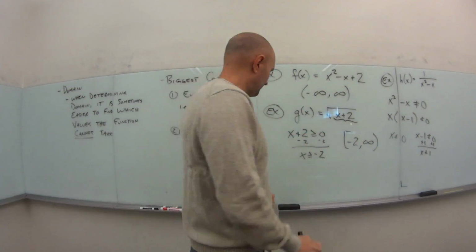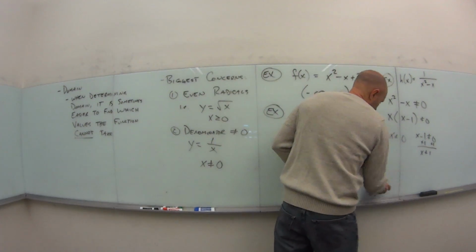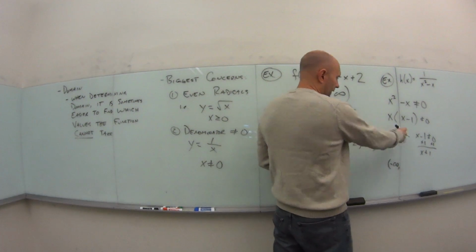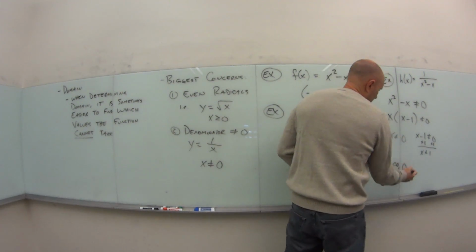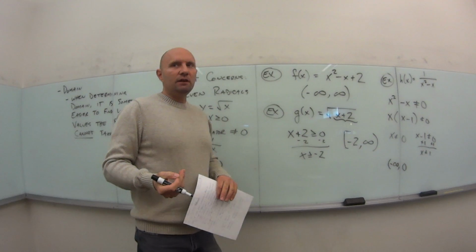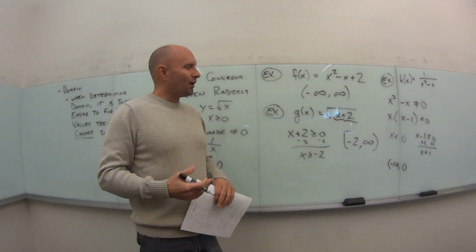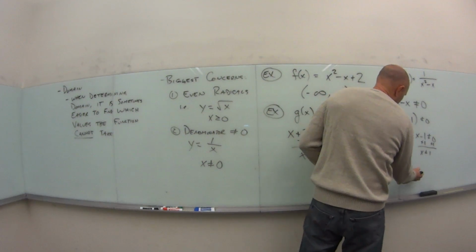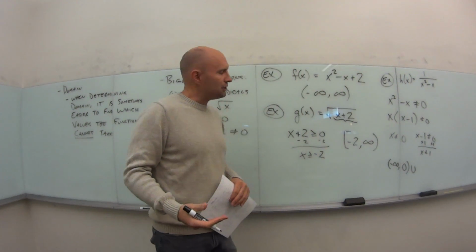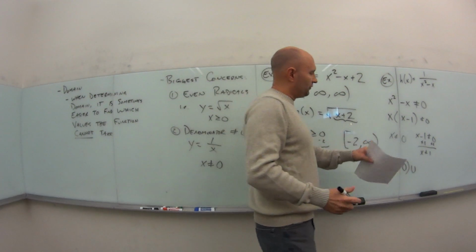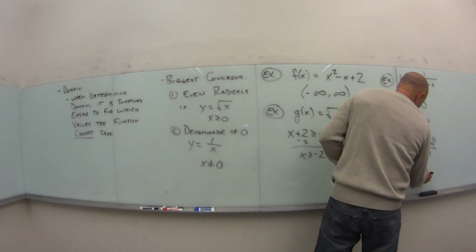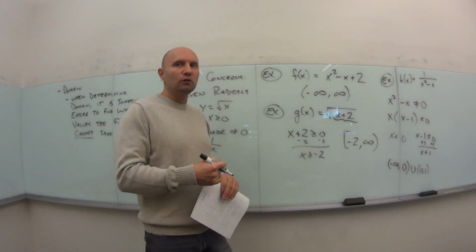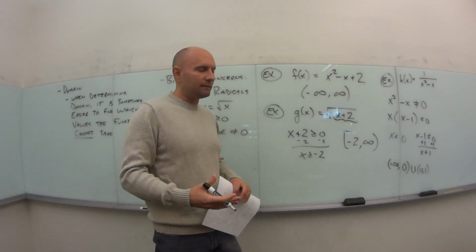So if I'm writing this in interval form, how would I do it? Well, I'm starting at negative infinity, going up until I hit 0. Parentheses or brackets? Well, in this case it's parentheses. I'm not allowed to use 0. And then remember, this is our union notation. So I go from 0 to 1. And again, I have to use the parentheses because I'm not allowed to include those in my solution set.